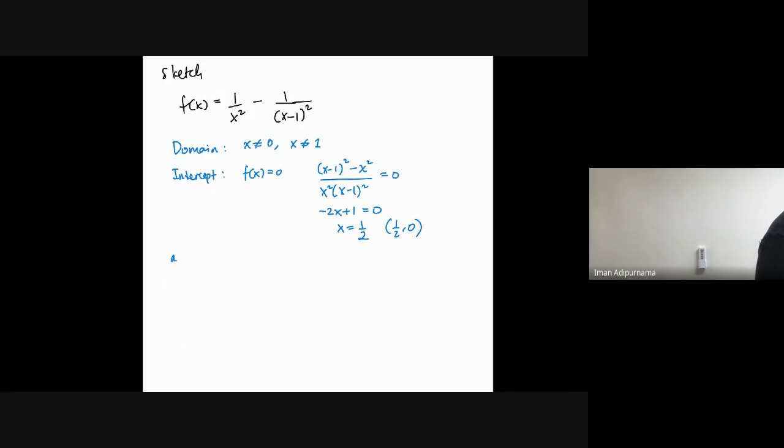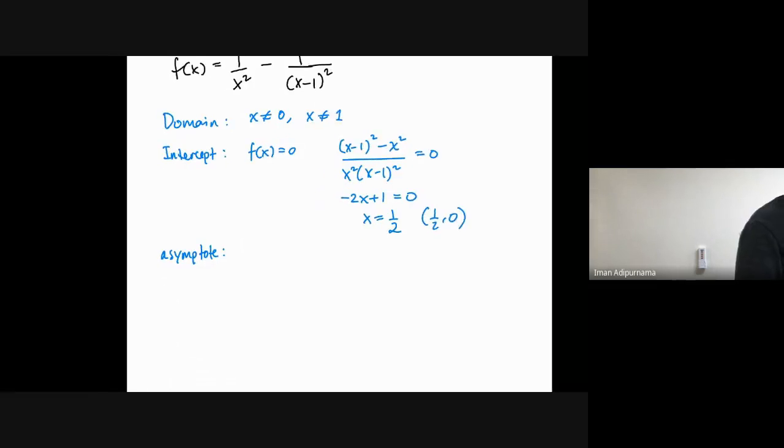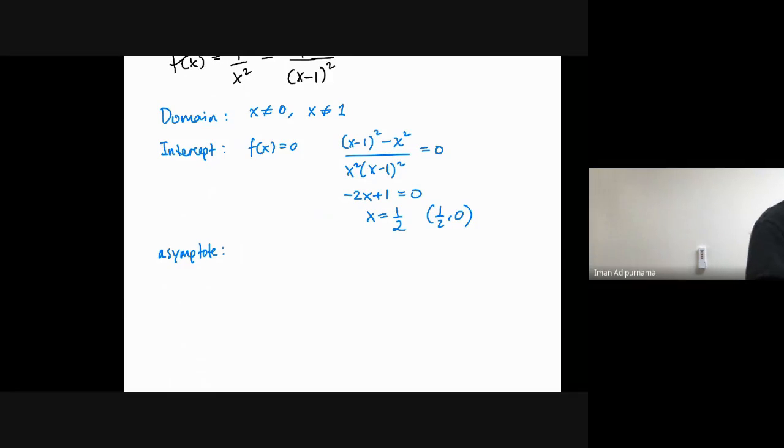And then checking the asymptote. Asymptote means you need to check with your limit. First, checking the limit as x goes to infinity. We can separate these two to make it easy to observe.